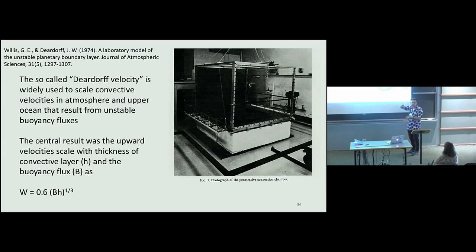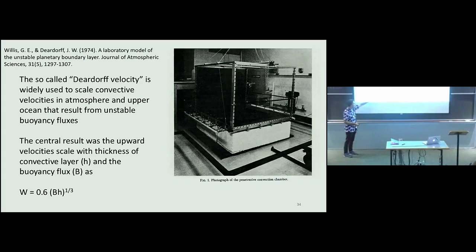So he's not talking about sediment flux particularly, but just a buoyancy flux. If you scale the buoyancy flux from the heat flux, you can measure with fancy instruments what the velocities are. And this is the relationship he gets: the convective velocity scales like the buoyancy flux multiplied by the depth of the convective layer to the 1/3 power.